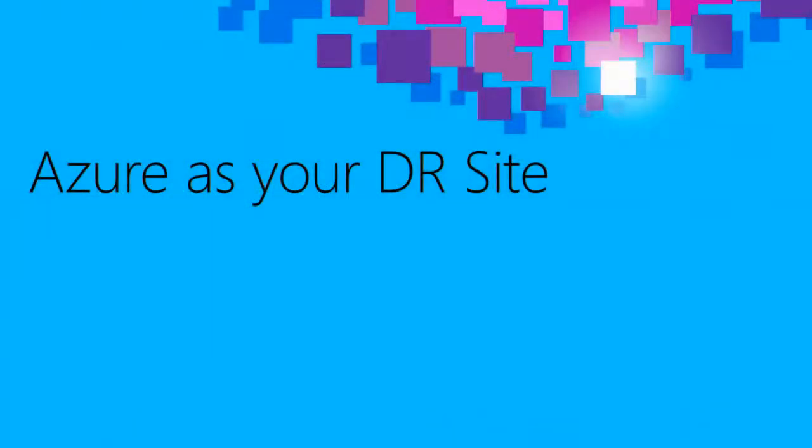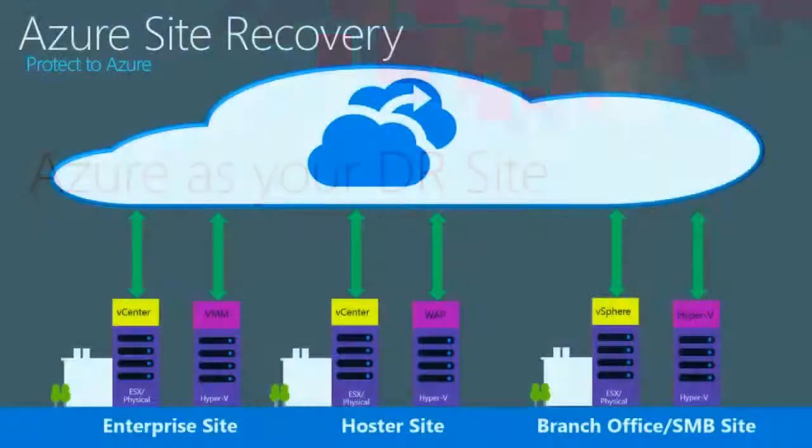So then, moving to the topic in depth, which is about Azure as your DR site. The way to look at this is Azure can be used as a DR site for enterprises, for hosters, and for SMBs or branch offices. The differences, if you will notice, are that enterprises and hosters will have a vCenter, while your branch offices will have a vSphere.